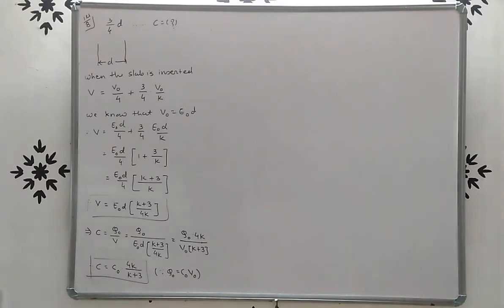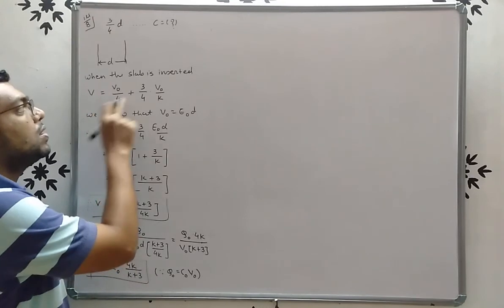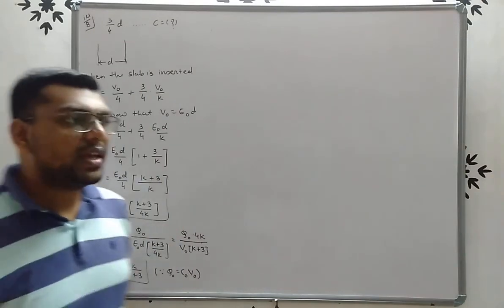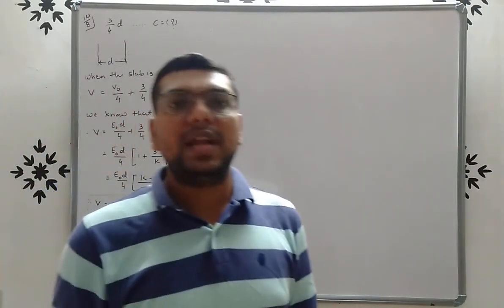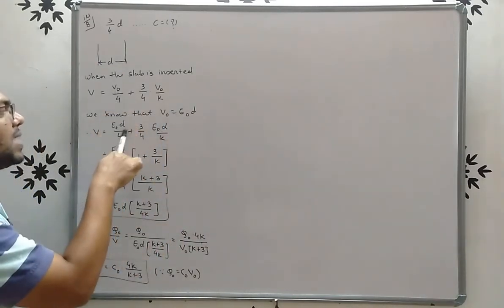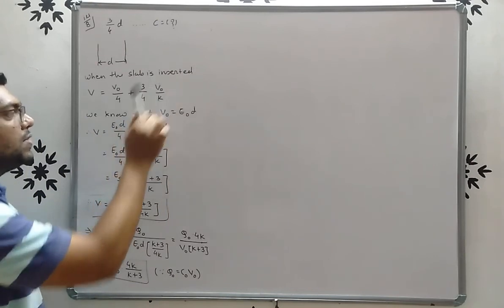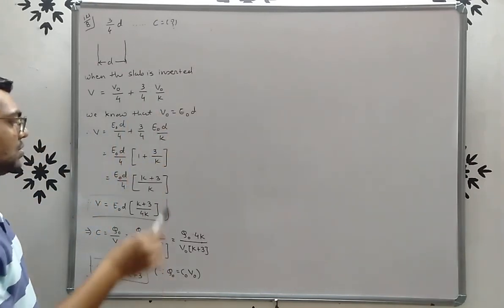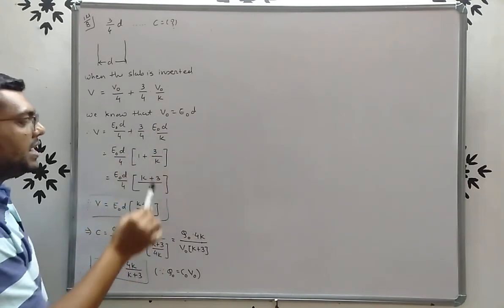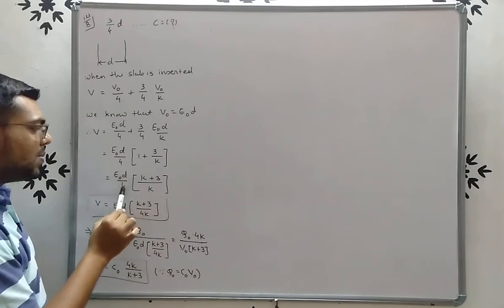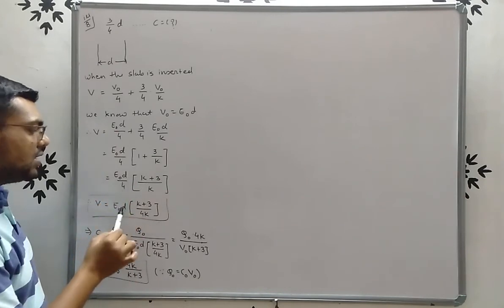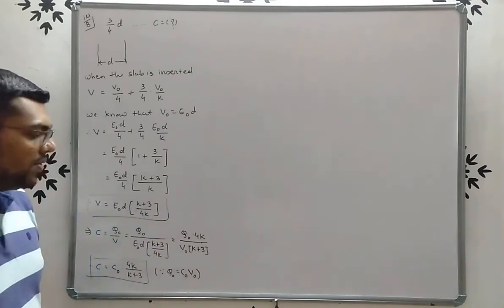We already know that V is equals to V0 by 4 plus, in the 3 by 4 part there is a dielectric, so 3 by 4 into V0 by K. But V0 is equals to E0 into D. So E0D by 4 plus 3 by 4 into E0D by K. Here E0D by 4 common, so 1 plus 3 by K. Taking K LCM, E0D by 4, K plus 3 by K. So we get V is equals to E0D into K plus 3 by 4K.